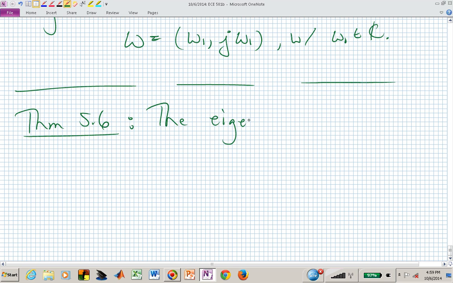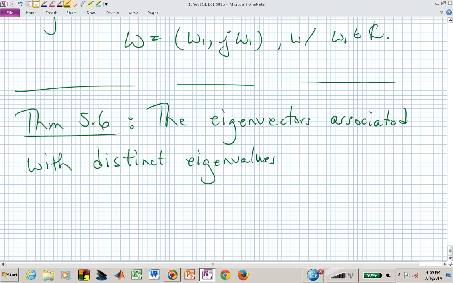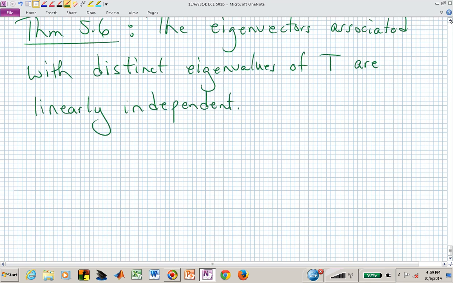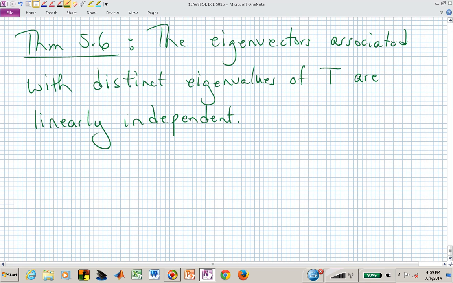This particular theorem says that the eigenvectors associated with distinct eigenvalues of the linear map T, or the linear operator T, are in fact linearly independent. Do we get what that's saying?